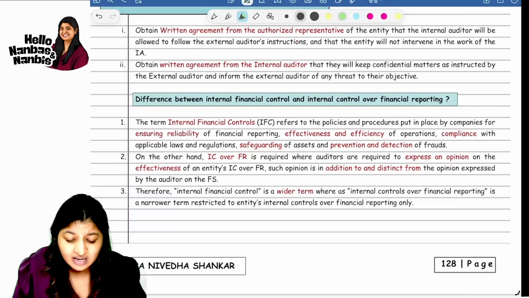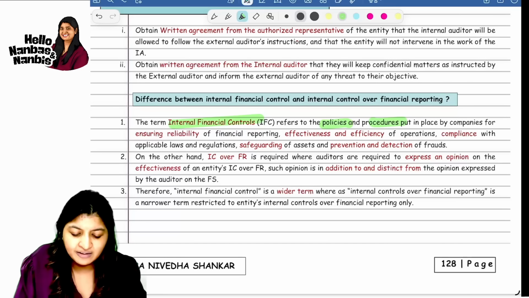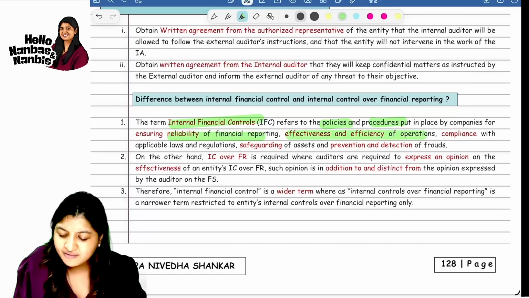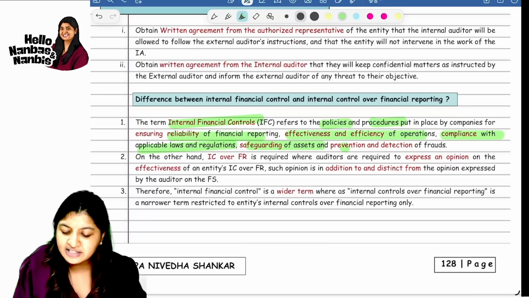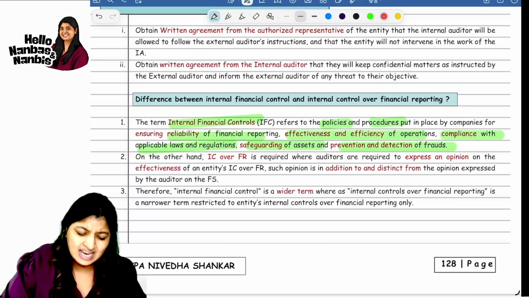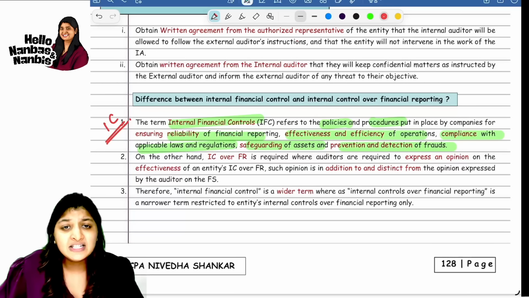Read the theory given. The IFC refers to policies and procedures put in place by the company for reliability of financial reporting, effectiveness and efficiency of operation, compliance with applicable laws and regulations, safeguarding of assets, and prevention and detection of fraud. The same definition for internal control only is internal financial controls. What is IC over FR?